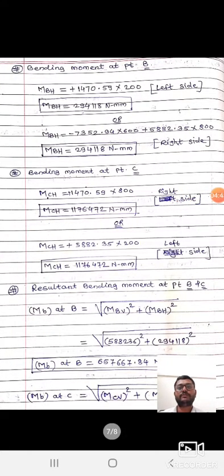Let us calculate the horizontal bending moment at point B, and the answer is 294118 Newton meter.